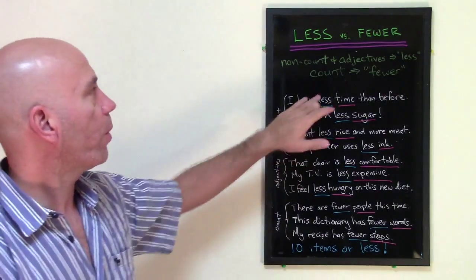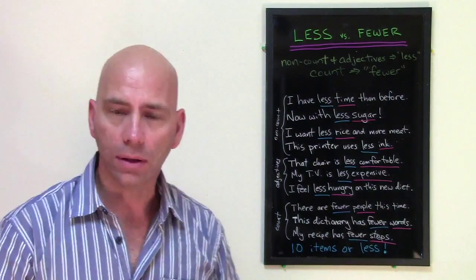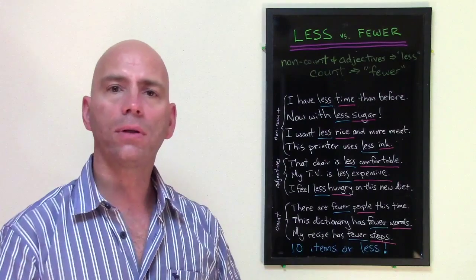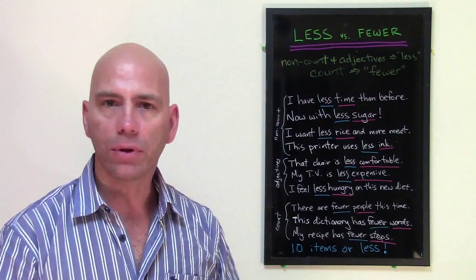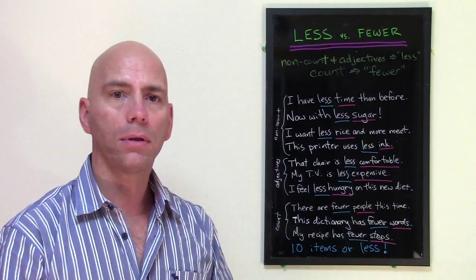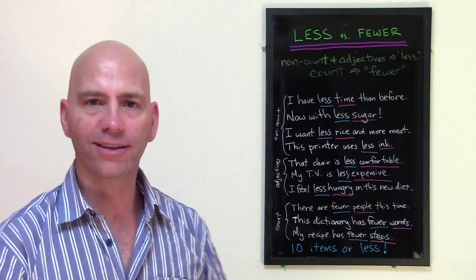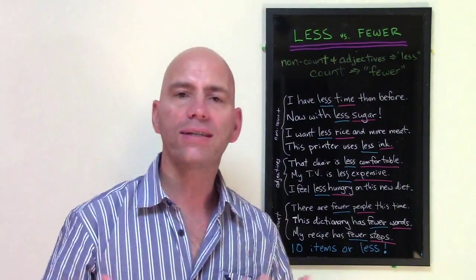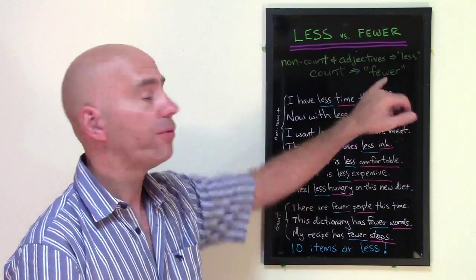Okay? The word fewer is used with countable things that you can count. Countable items like chair, table, person, printer, train, car, truck, clock, star. So all of these things that you do count, we use the word fewer.